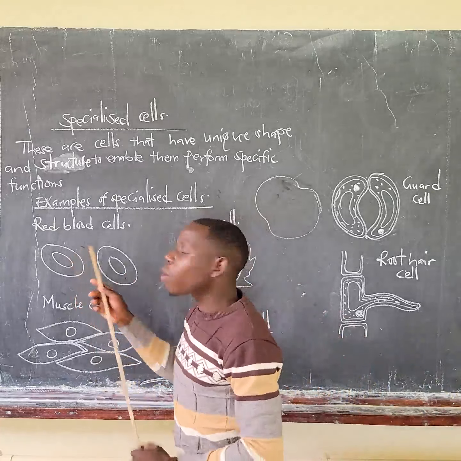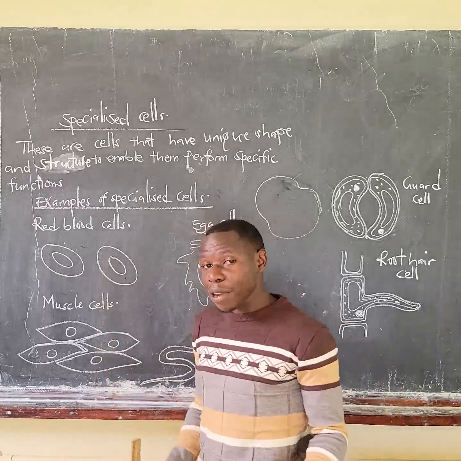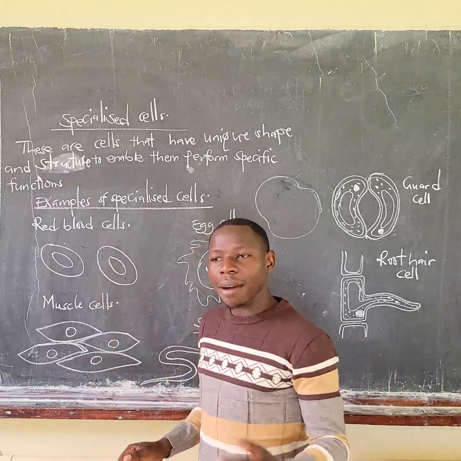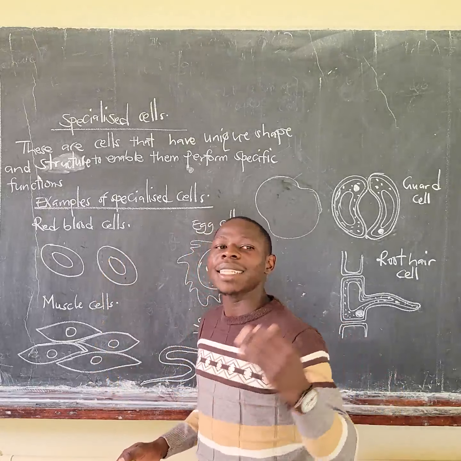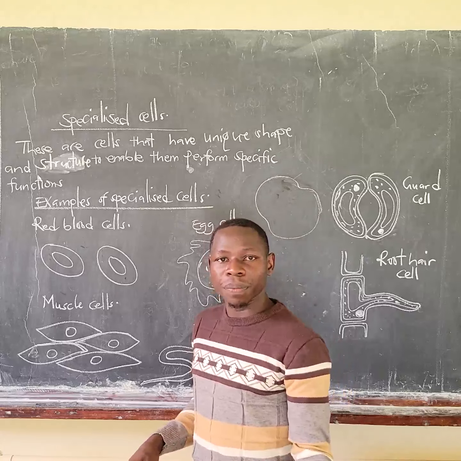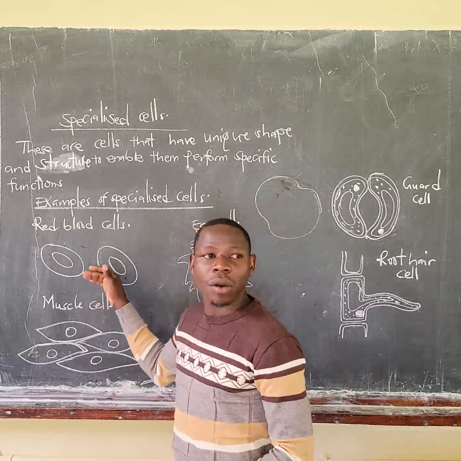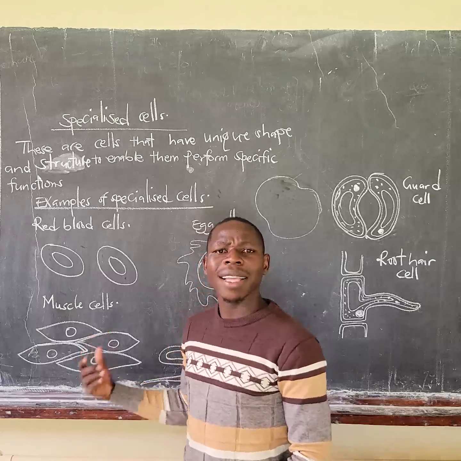Then, in addition to this, the red blood cells do not have a nucleus. The nucleus is an essential component of all cells, both plant and animal. But the red blood cell does not have a nucleus, and it lacks some other cell contents or cell organelles. Why is it lacking those?